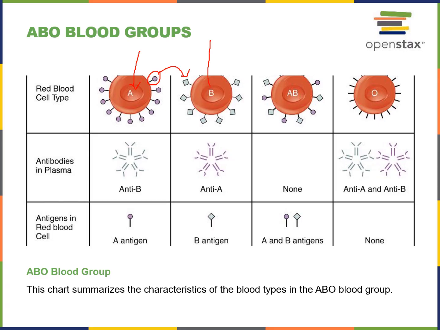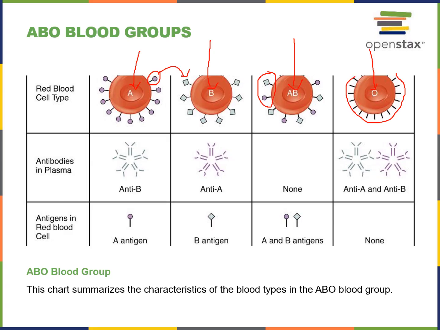So this is representing somebody from type B. This is their red blood cell. And if you are AB, you have both the A antigen and the B antigen. And if you're type O, you do not have either A or B on the surface of your cell.